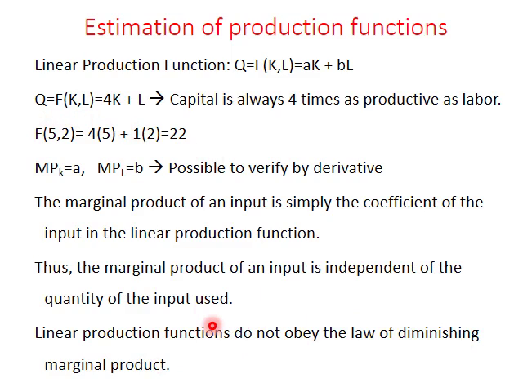But in the law of diminishing marginal product, as we continuously increase the resources, after some point our total product, our total quantity, will start to decline. That is what the law of diminishing marginal product is talking about. But the linear production function does not obey the law of diminishing marginal product.